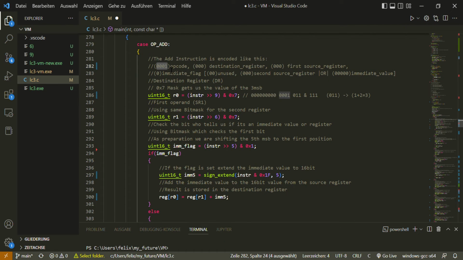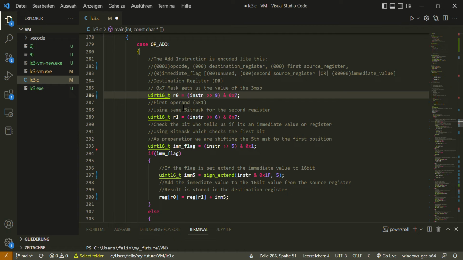First we have our opcode, just for indicating which instruction is executed. Then we have our destination register, the first source register, the immediate flag, and then depending on the value of the immediate flag, we have two unused bits and a second source register, or an immediate value. So how is this add instruction implemented?